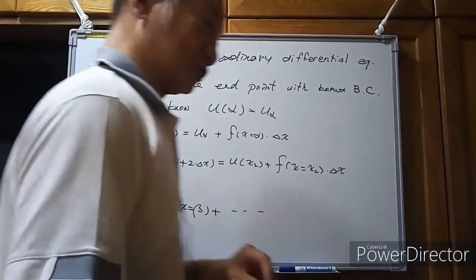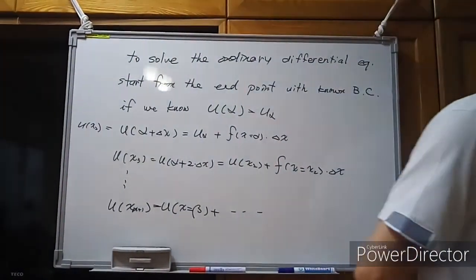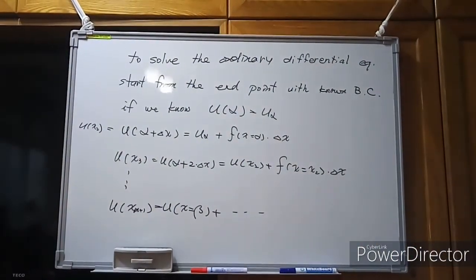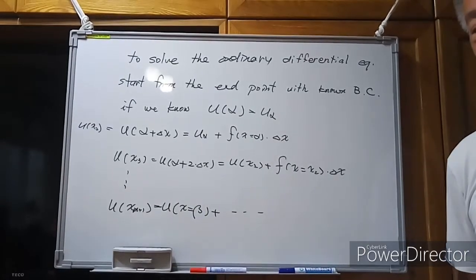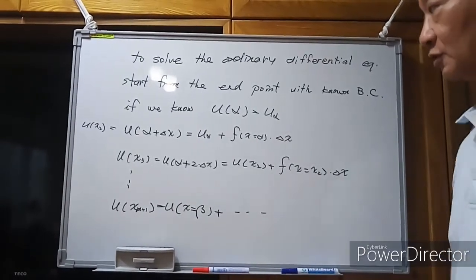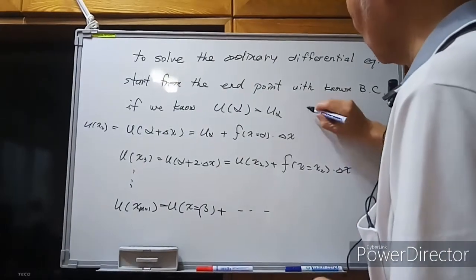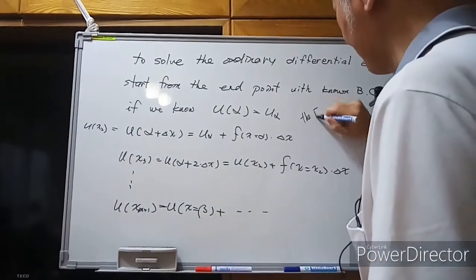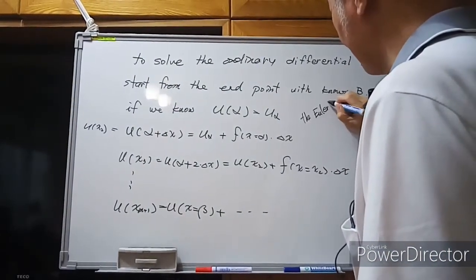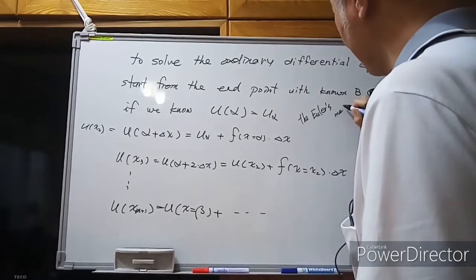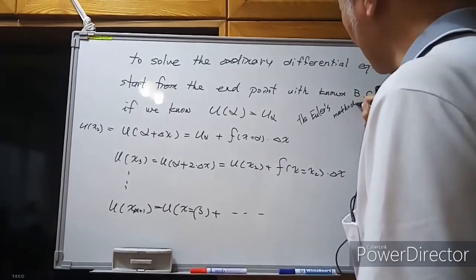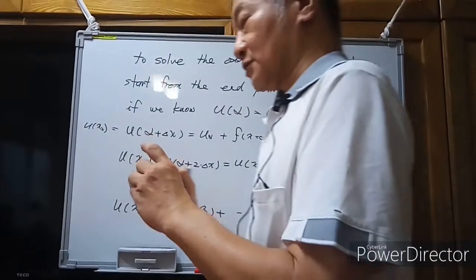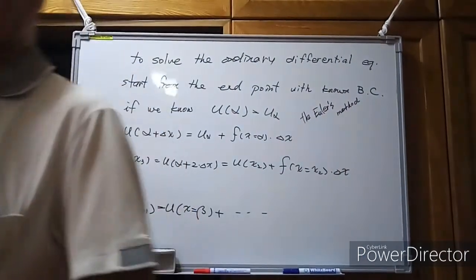In this way we can solve all the u function values at the discrete points. This method is called Euler's method.